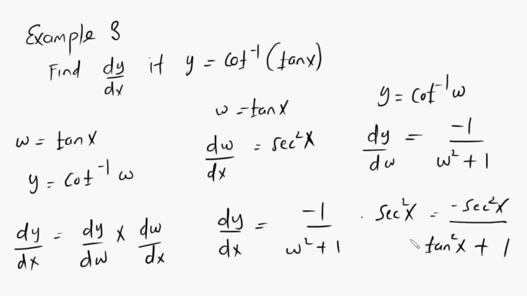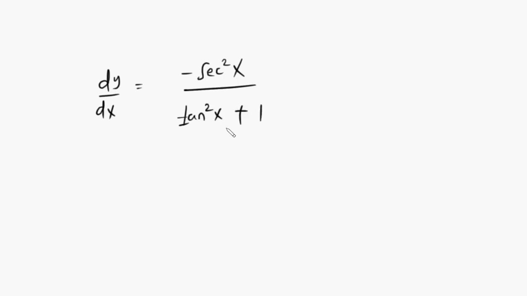Wow, so I have reached here. dy dx is equal to negative sec squared x over tan squared x plus 1. Down here it was w squared plus 1, but w is equal to tan x, so w squared is tan squared x. So w squared plus 1 is tan squared x plus 1.